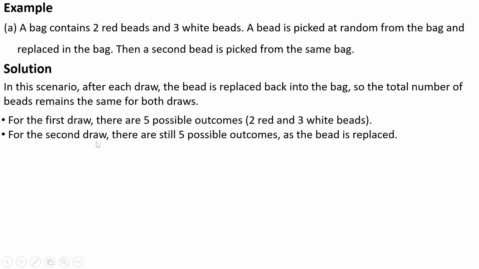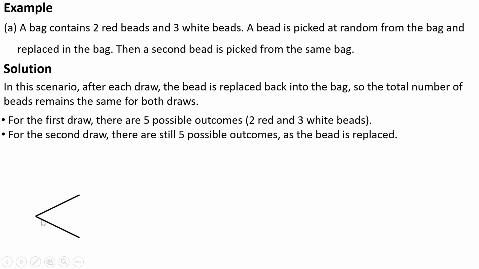For the second draw, there are still 5 possible outcomes as the bead is replaced. So even in the second draw, we still have 5 possible outcomes because the first bead which was picked was replaced back. Now, if we were to represent this information on a tree diagram, it would be like this.